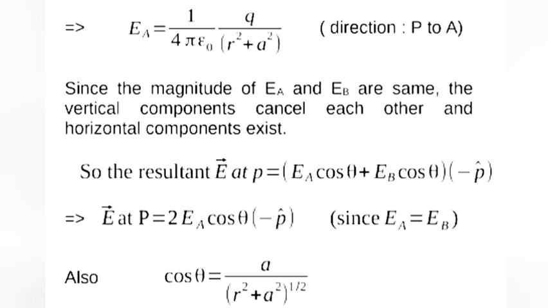So the resultant E at P is EA cos theta plus EB cos theta, along minus p. E at P equals 2 EA cos theta along minus p, since EA equals EB. Also cos theta equals a by r square plus a square the whole to the power half.